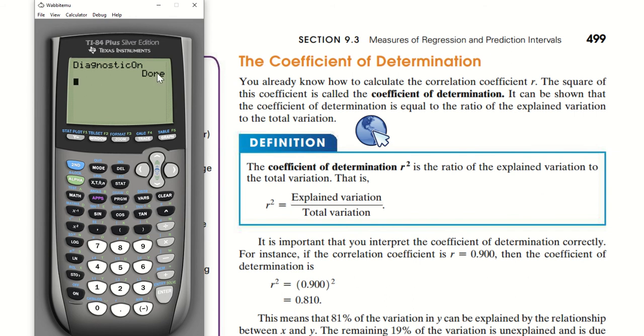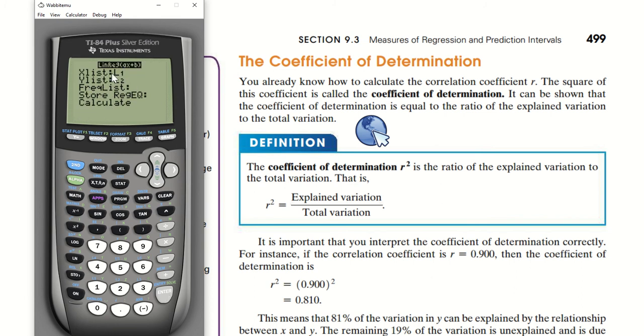And now every time we do a linear regression, for example, let's suppose I enter some data. If I had a bunch of X and Y values, I'd put them in my stats menu. I would go to edit. I have a data set in right now with a bunch of paired data. My X values go in L1. The corresponding Y values go in L2. And then we would go to stat. To conduct a linear regression, I would simply go over to calculate, and for us it's always option 4, which is linear regression.